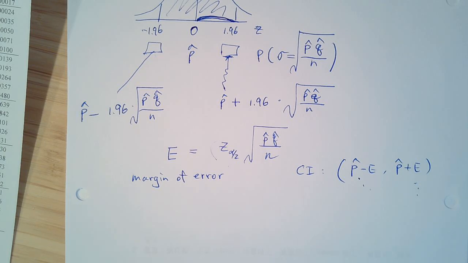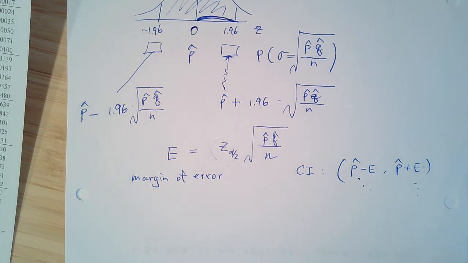Okay, and we're not going to say that there's 95% of the chance that the true value P falls between these two. Is that right? No, that's not right, because the true value P is already a number. Okay, it is there. So there's no chance that this number is going to be here or there. No, P is already fixed. We just don't know it.